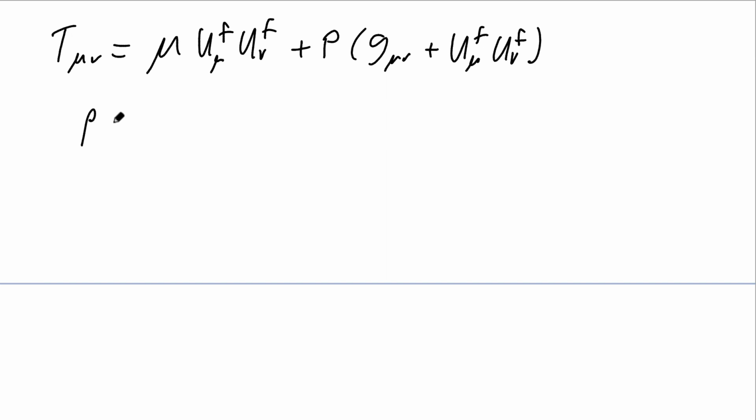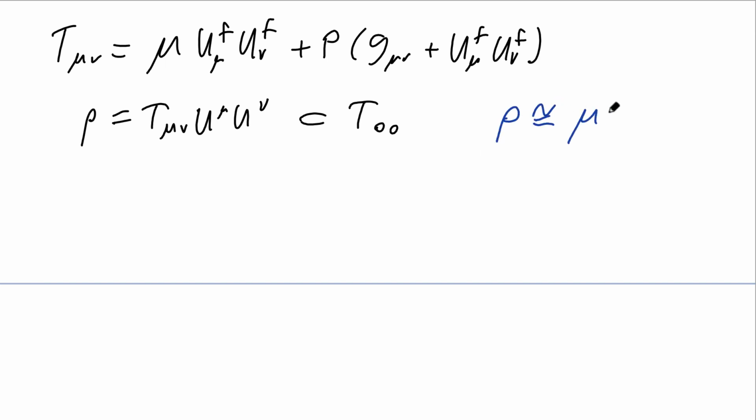And the energy density of the fluid as seen by some observer with forward velocity u is T^μν u_μ u_ν, and in these coordinates, that's just T^00. And what we found above was that rho is dominated by the rest energy. So rho is approximately mu times c squared. So to within factors of c squared, T^00 is approximately mu.